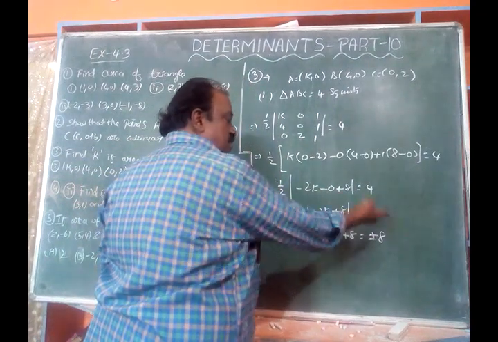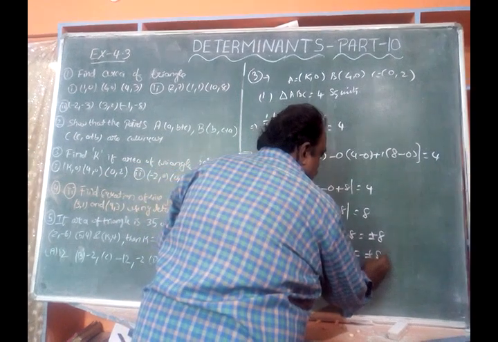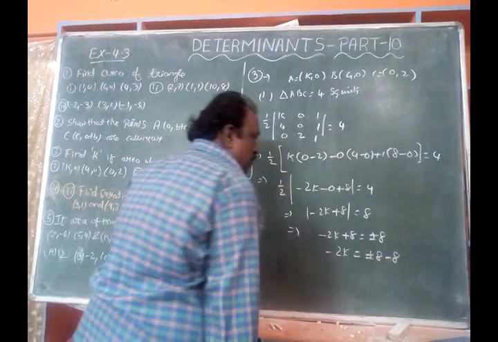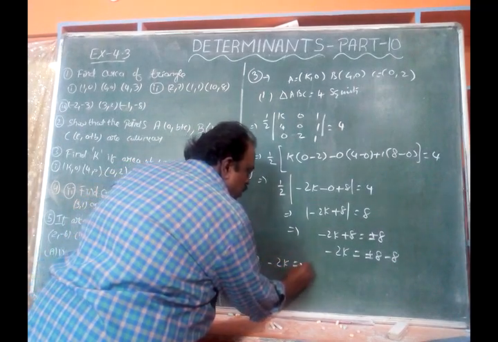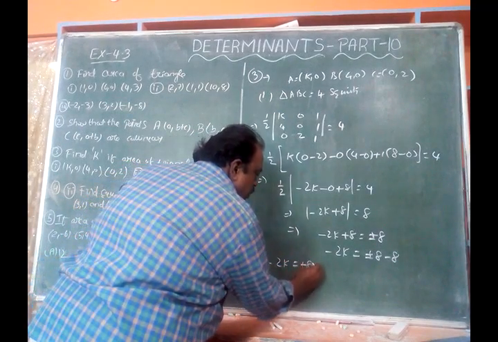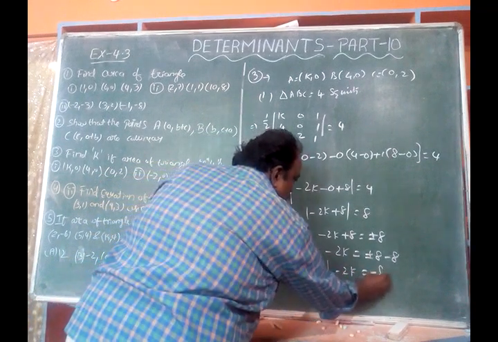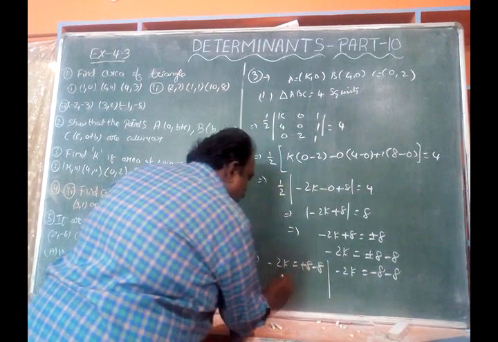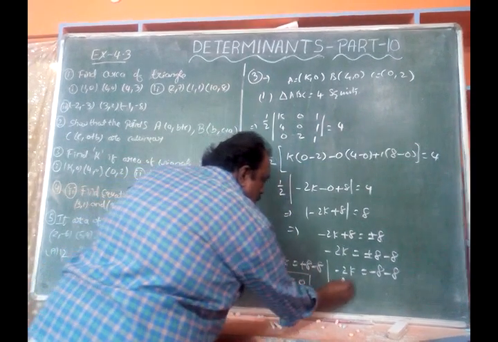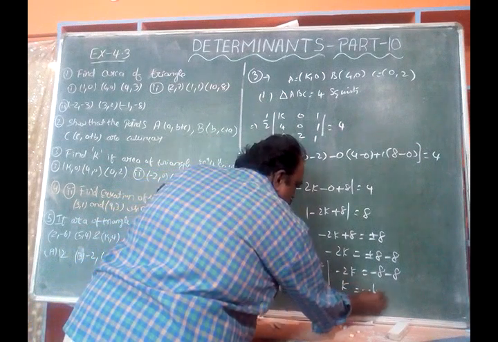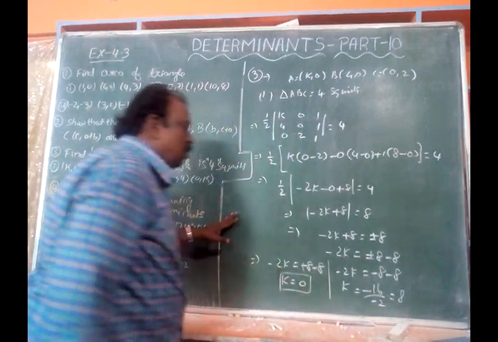Minus 2k is plus or minus 8 minus 8. You see, minus 2k, if you take minus 8 plus 8, or minus 2k is minus 8 minus 8. Here k is equal to 0. Here k is equal to minus 16 by minus 2, is equal to 8.